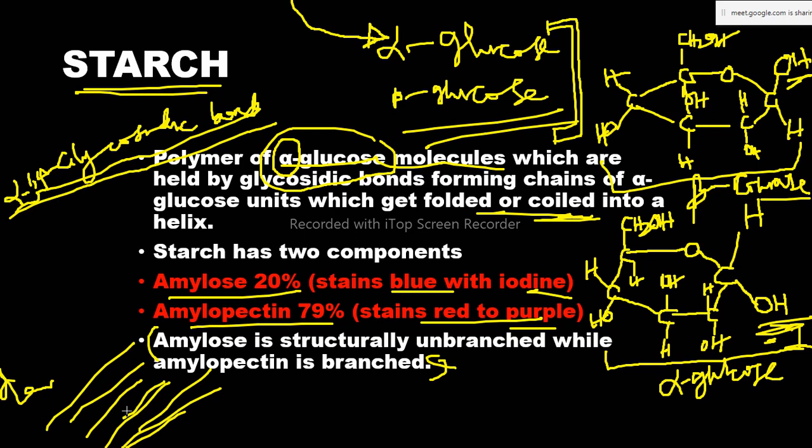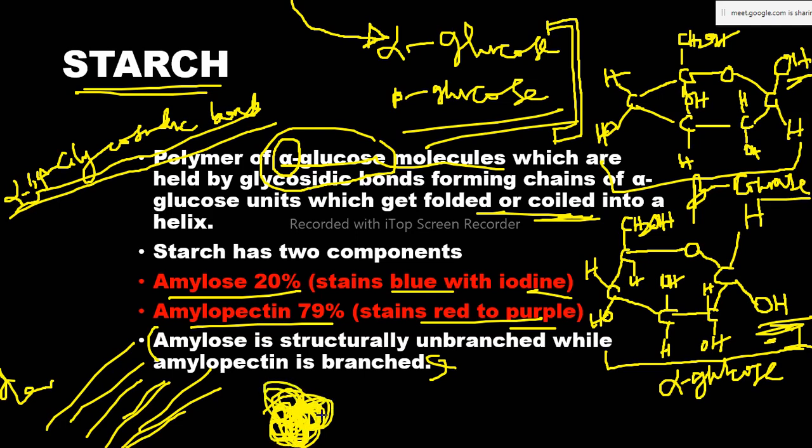Obviously you need too much. So to increase the storage capacity of starch, to reduce the packing space so that little space packs enough, then the starch should be highly coiled. And the more coiled the starch, the more you will be able to store.